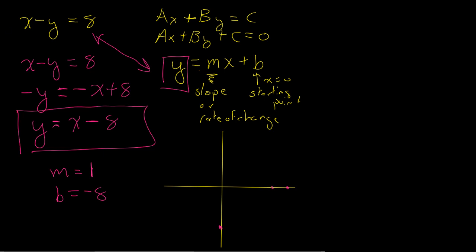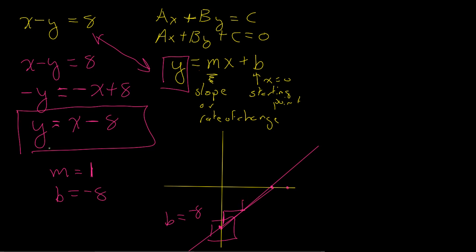I think, 8 and 8. Let me get this here. Sorry, my line's a little discombobulated. But what I wanted to do was, there's my b equals -8. And then my slope, I rise 1, go over 1, rise 1, go over 1, and so on.